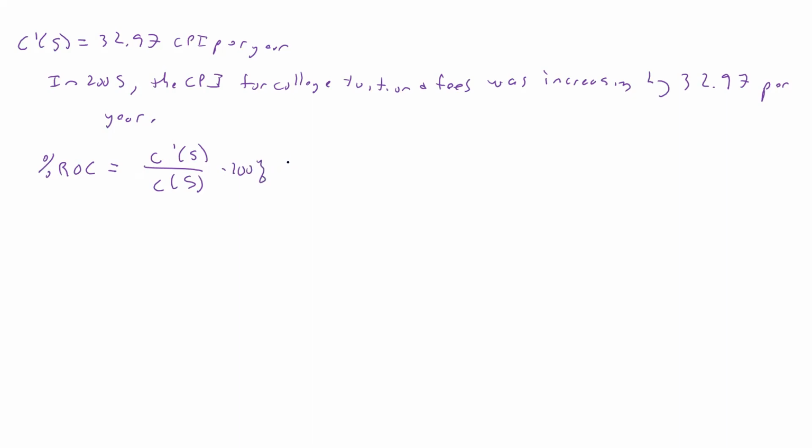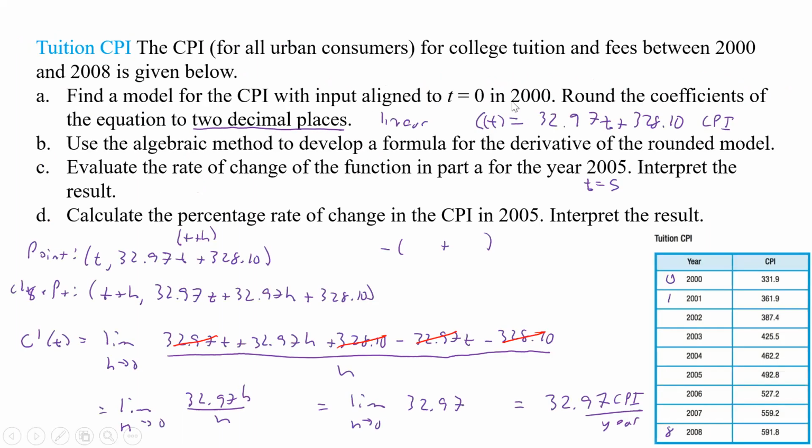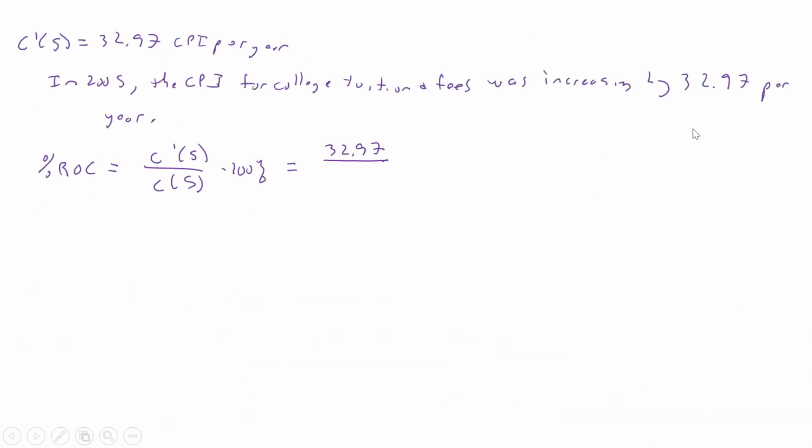Okay, well, C prime of 5 we found was 32.97. And now we have to plug 5 into this equation here. So it's going to be 32.97 times 5 plus 328.10, and then times 100%.